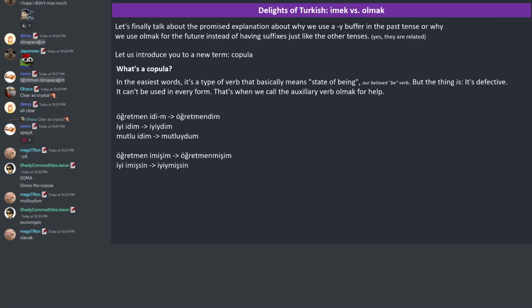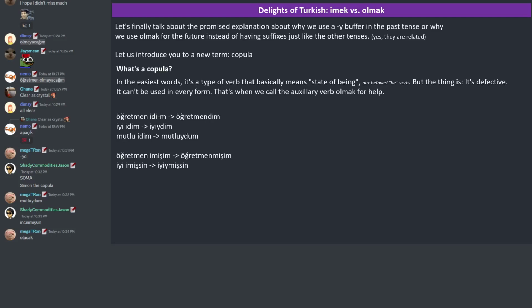But when you say olacak, as I explained in previous slides, olmak changes your meaning and becomes like will become. Olmak is more like to become or to get. When you will become something, like öğretmen olacağım, I will be a teacher or I will become a teacher. My state of being will change from present to being a teacher.